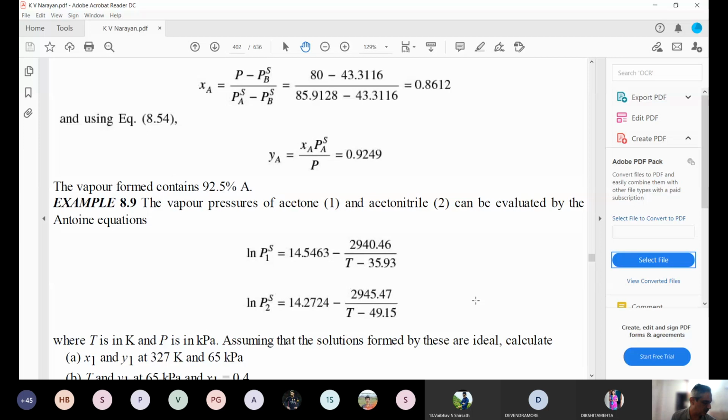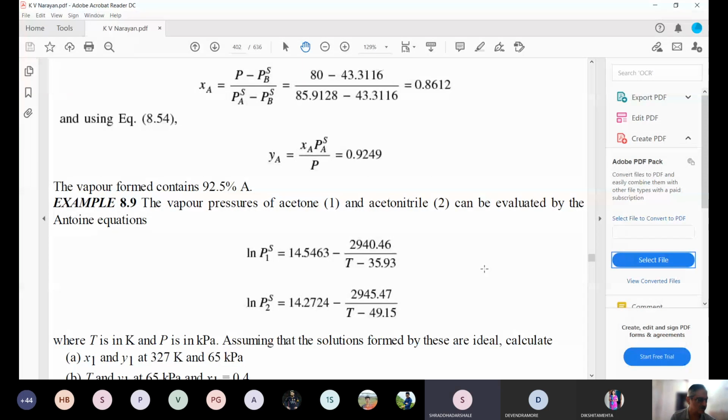Find out P1s, P2s. What is the value of P1s and P2s? 85.119995.